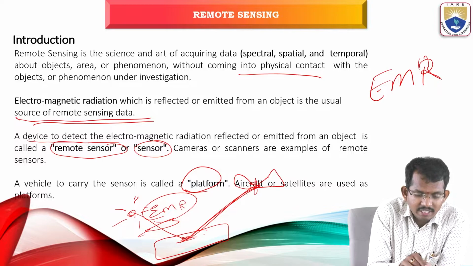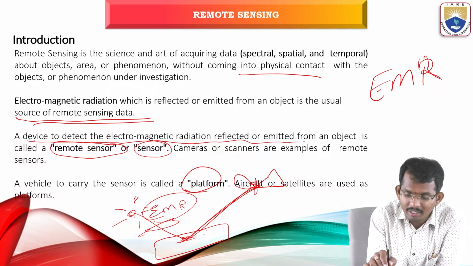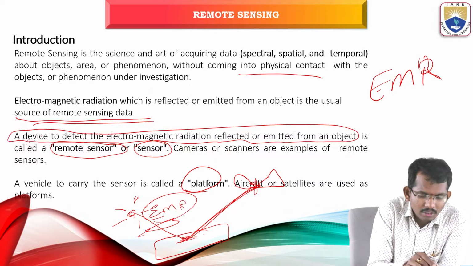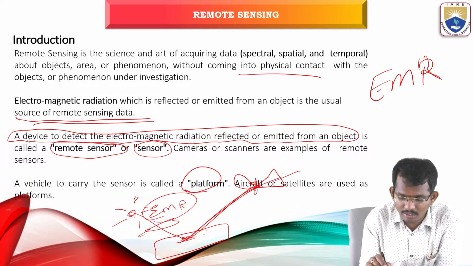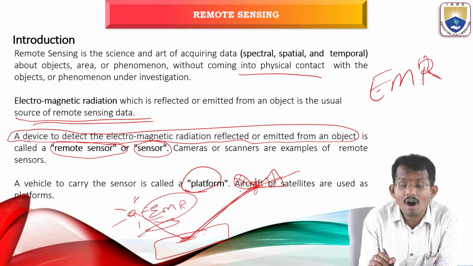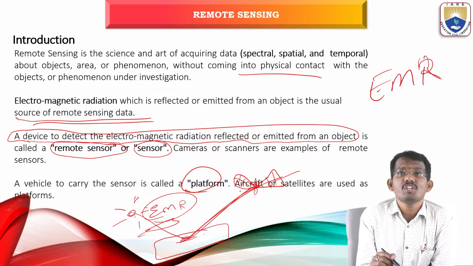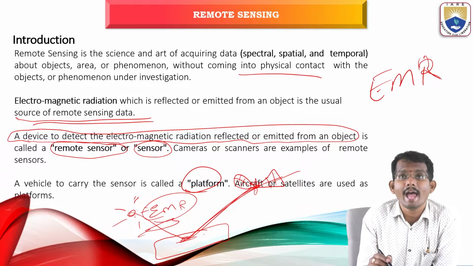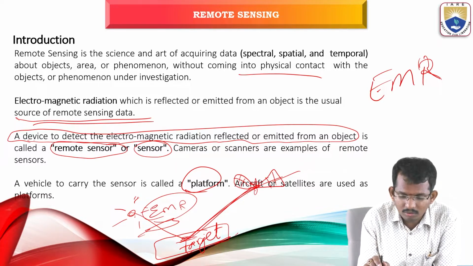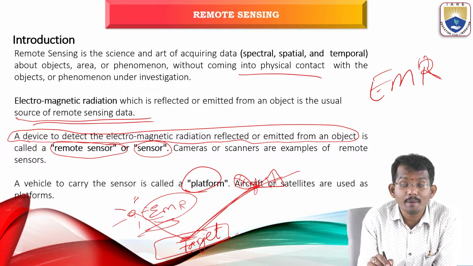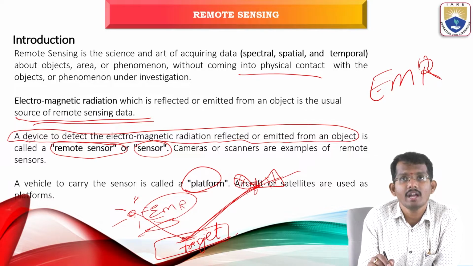So the device to detect the electromagnetic radiation reflected or emitted from the object is called a remote sensor. Here the satellite is a remote sensor which absorbs the energy emitted or reflected back from the target. This is the target. So the sensor is a detecting device which absorbs the emitted or reflected energy.